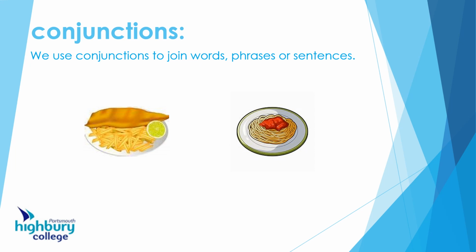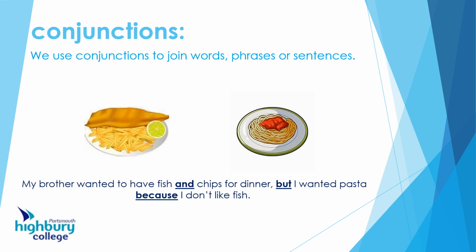Right, conjunctions. We use these in English to make our sentences longer when we're speaking and when we're writing, because what they do is they join information. They join words, they join phrases, and they sometimes join sentences together. So they can make the English you're saying and writing much longer. So here's an example.